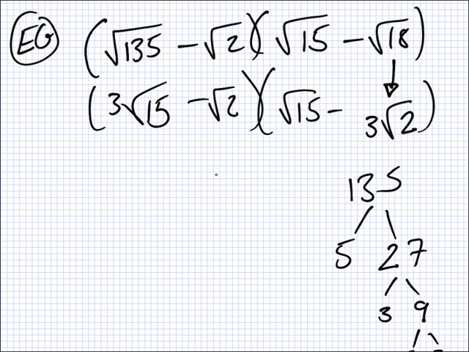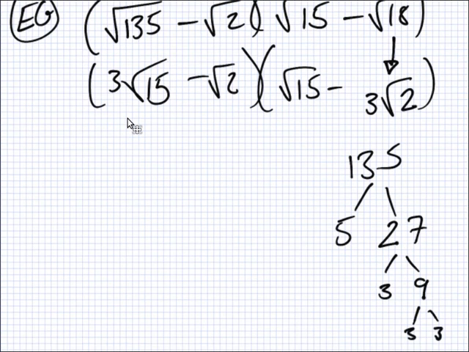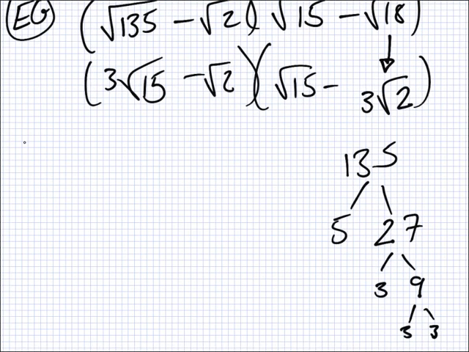Okay. Now we can multiply. When you multiply 3 root 15 and root 15, the roots cancel. Root 15 times root 15 gives 15, so that'll be 45. 3 root 15 and 3 root 2 will be 9 root 30.